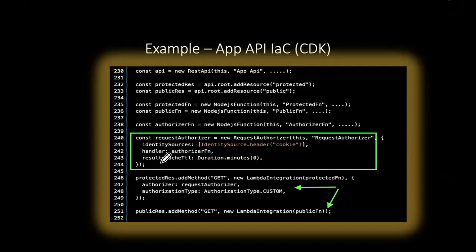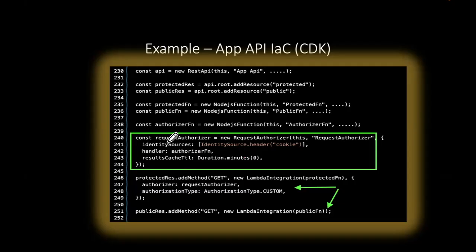I now need to indicate which particular endpoints in my app API will require authentication. And that's what I'm doing here. It's part of the add method association of an endpoint. We've seen the Lambda integration before. Here's the new part of the configuration of my Lambda integration, where I'm pointing it at an authorizer.